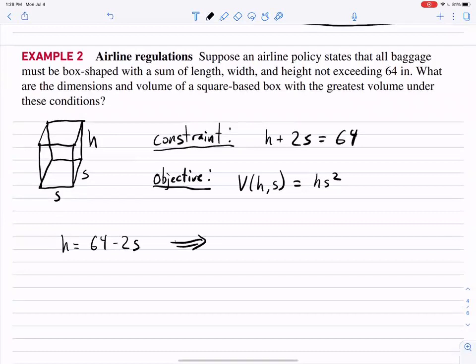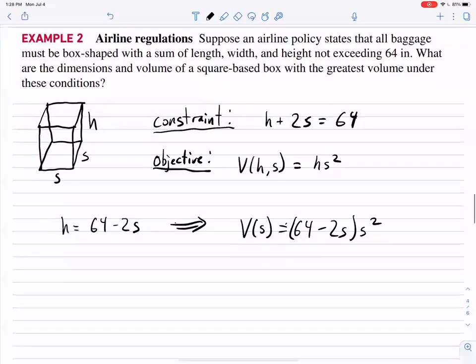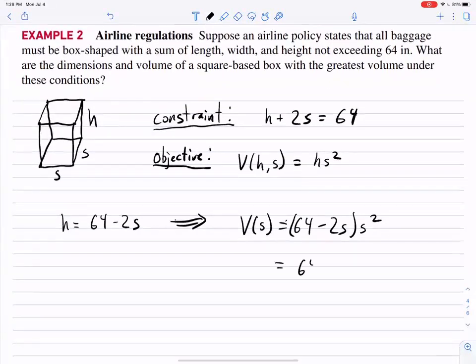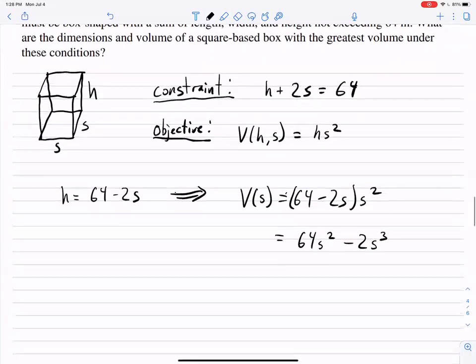Plug it in. That gives us that the volume as a function of just the side length is 64 minus 2S times S squared, which equals 64S squared minus 2S cubed. This is our objective function that we want to optimize.